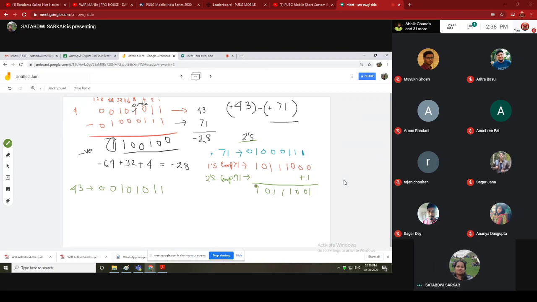How? Because see here, the value of this position is minus 128.